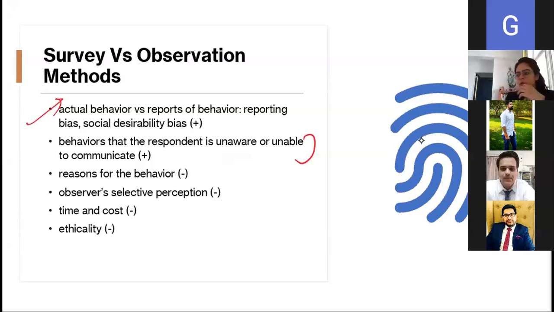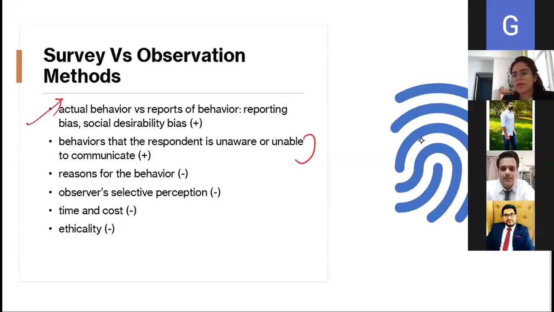Like the advertisement: the respondent may say yes, he liked it, but with mechanical observation you check the size of the pupil when the respondent sees the advertisement. That determines how effective the ad is.